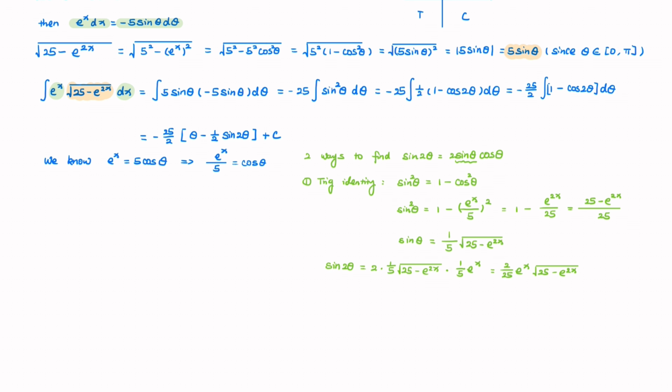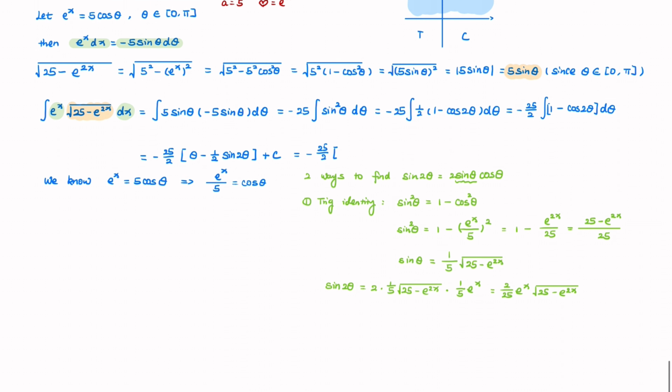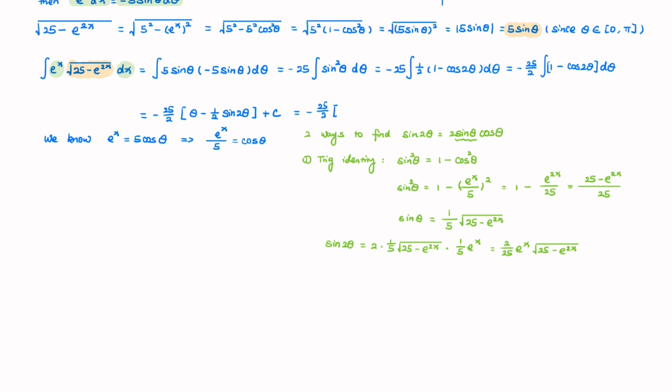So that's going to be, continue here, negative 25 over 2 theta. Oh, I still need to find theta, sorry, there's one more. Okay, so let's continue here, theta. If I know this, then I know theta, because theta is just arc cosine of e to the x over 5.